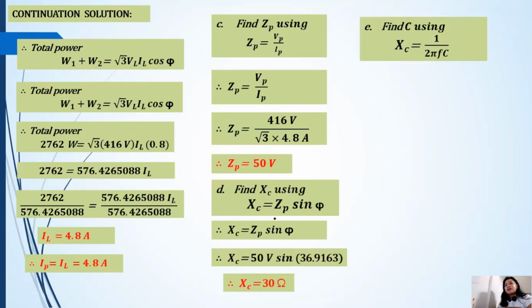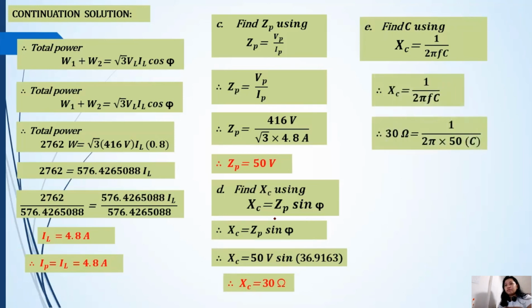And next we solve for the C. So find C using the formula XC is equal to 1 over 2 pi F times C. So let's substitute the values. Our XC is 30 ohms, and our frequency is 50 hertz. So we have here 30 ohms is equal to 1 over 2 pi times 50 times C. So our C here, let's simplify: 1 over 2 pi times 50 times 30.